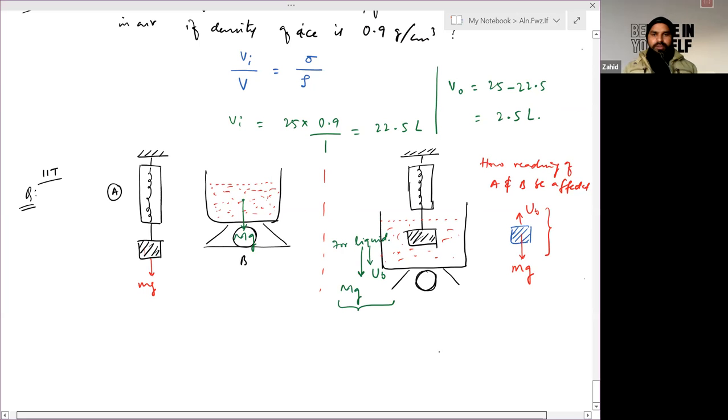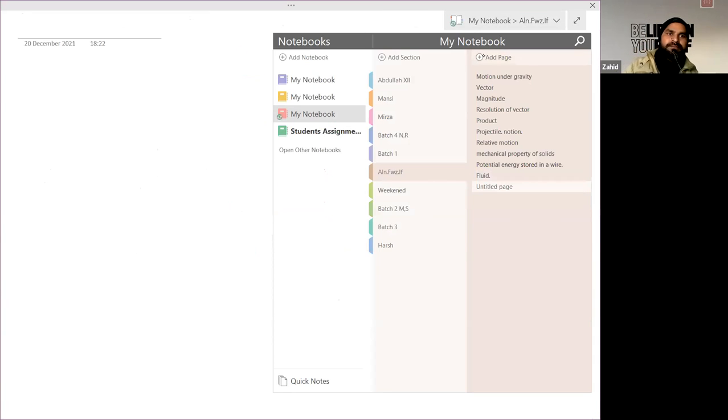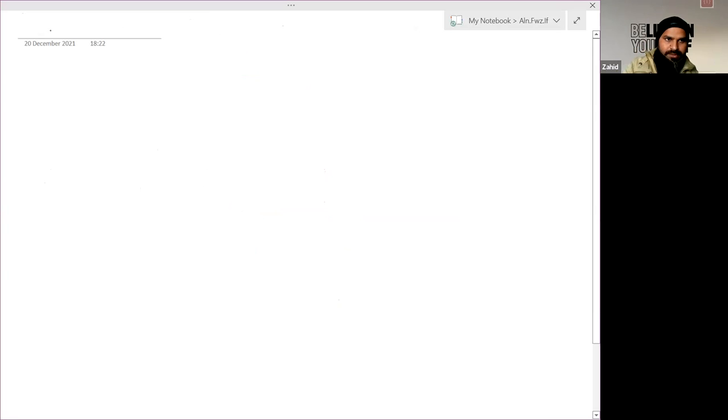So this is all about the concept of Archimedes' principle of calculating buoyant force and weight and some related problems. Let me define some interesting part for you, that is surface tension.